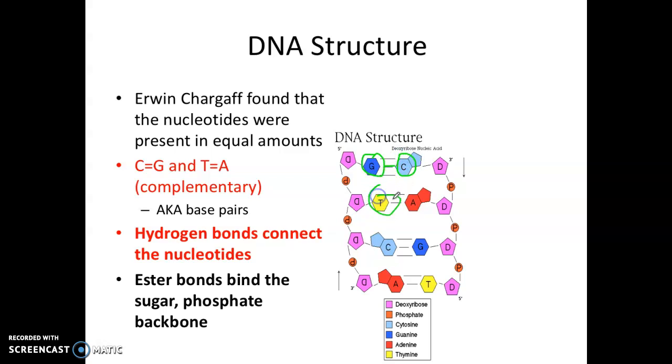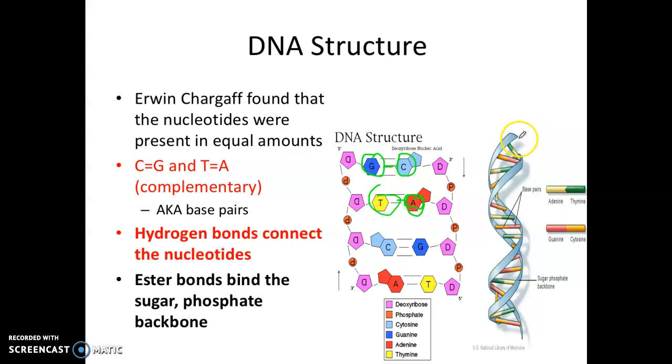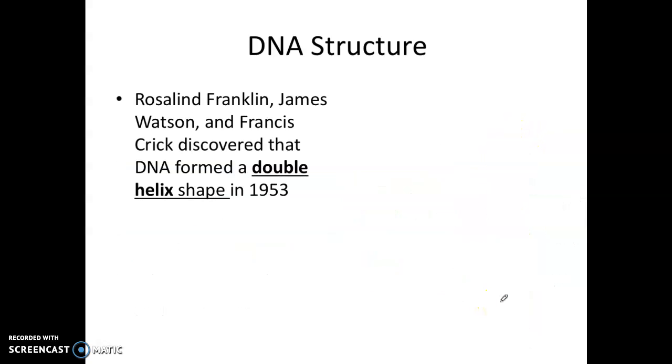Same thing with thymine and adenine. Uracil is only going to be found in RNA. So if you see a T in your DNA structure, like in your diagram, and you have to figure out if it's DNA or RNA, the T and the U are the automatic giveaways. Okay, so they're going to link up, and then together they will create this double helix structure that you should be familiar with.